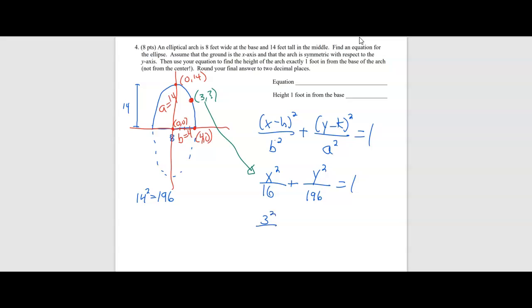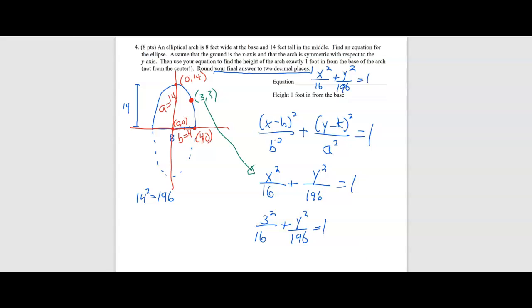3 squared over 16 plus y squared over 196 equals 1. Now, because they're asking for the answer to 2 decimal places, I don't need to be as specific before using my calculator. I don't want to do any rounding errors, but I can start my calculator soon. So the equation we have is x squared over 16 plus y squared over 196 equals 1.